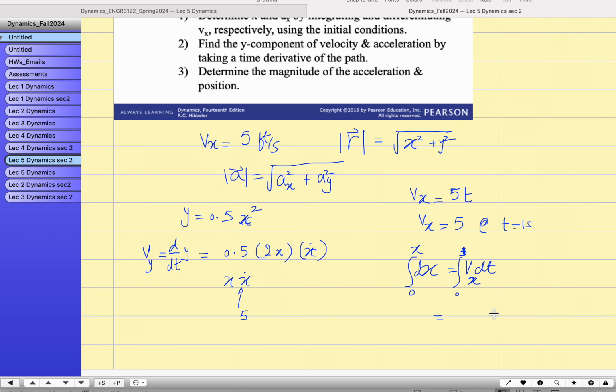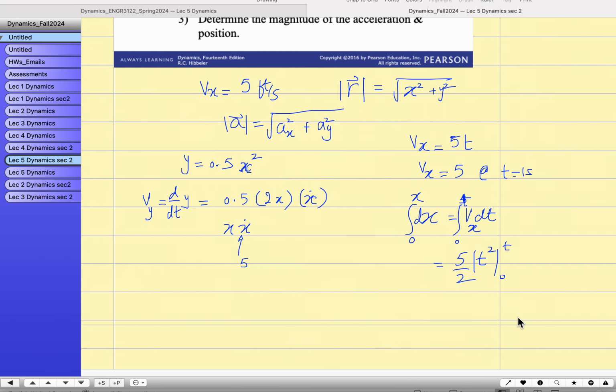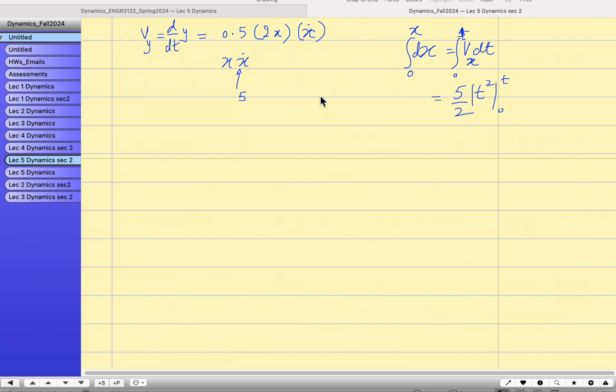If we do the math here, 5t square over 2, and you can keep the time variable as such, then apply it later on. So let me find the expression: x equals 2.5 t square. This is the expression for the x position from the origin.